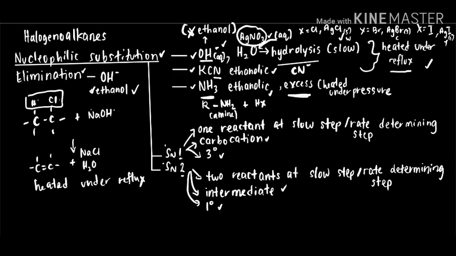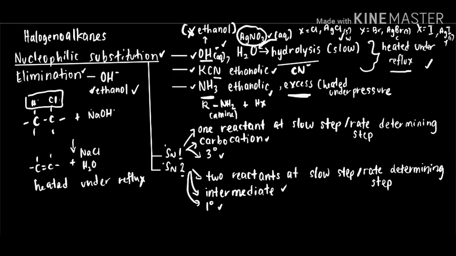So the reaction is going to happen quite slowly, and do remember that all three reactions can be classified as heated under reflux. You need to know the meaning of heated under reflux. Basically, you heat a volatile solution without evaporating it.